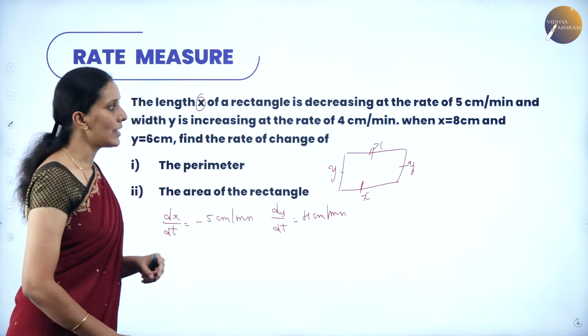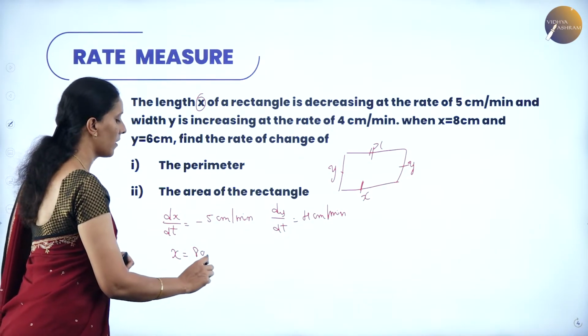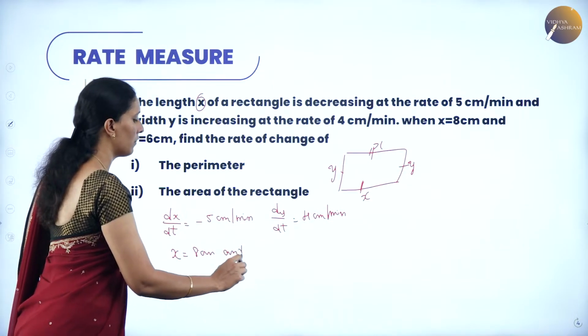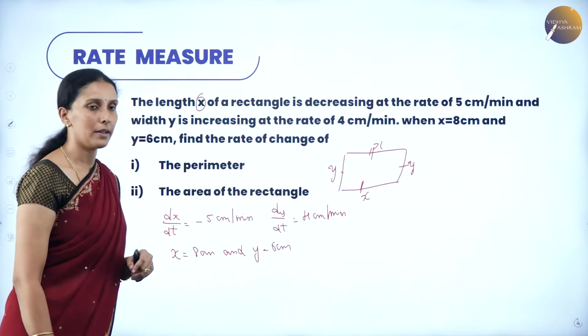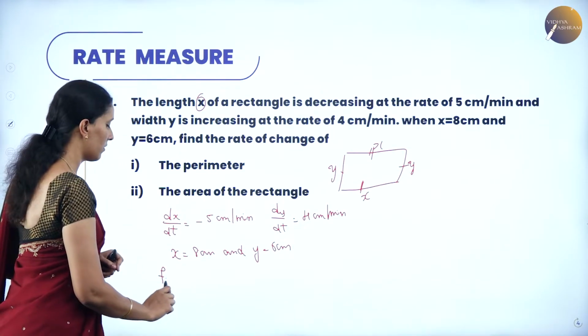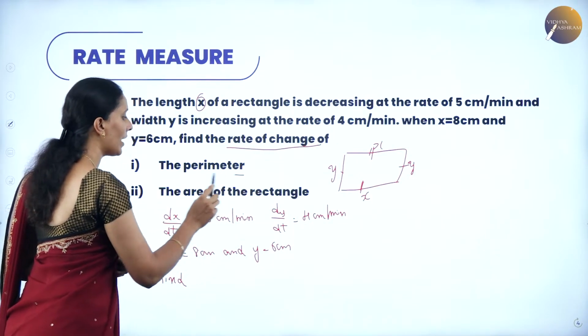Now, what they have asked: when x is equal to 8 centimeter and y is equal to 6 centimeter, find the rate of change of perimeter.